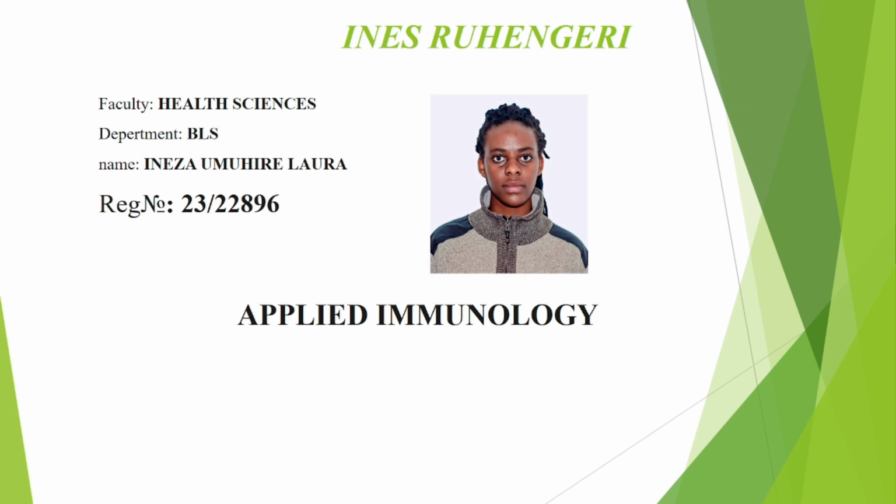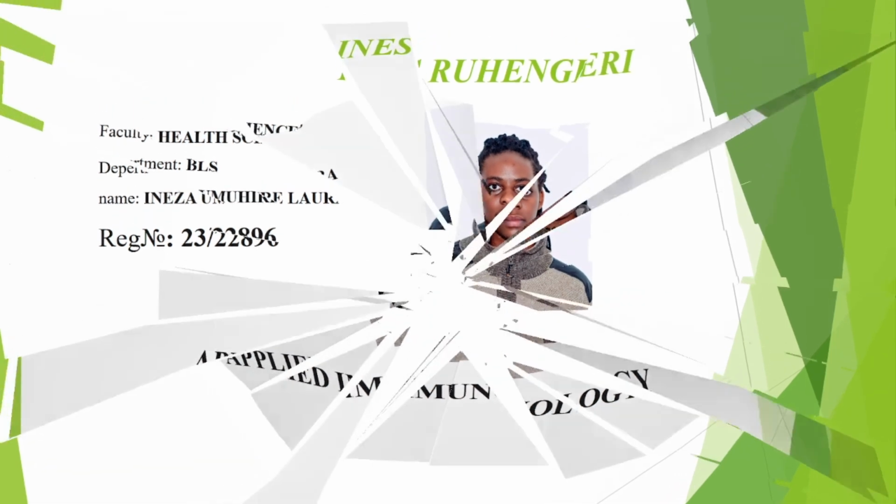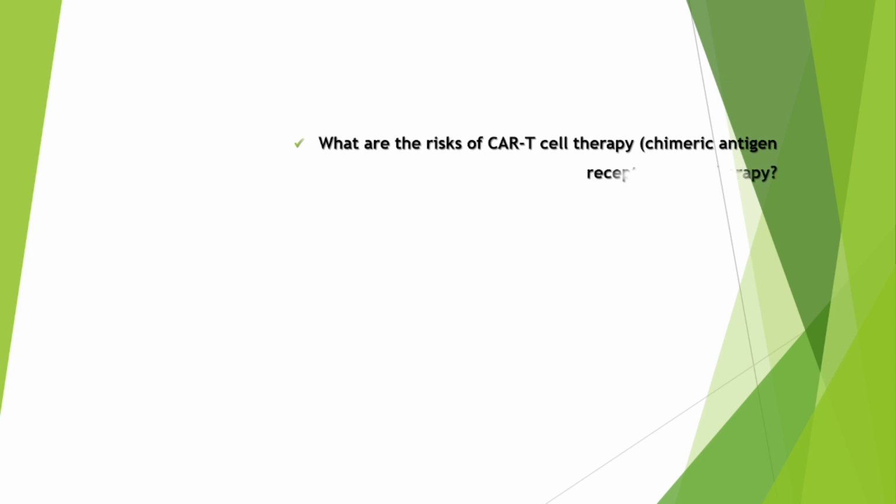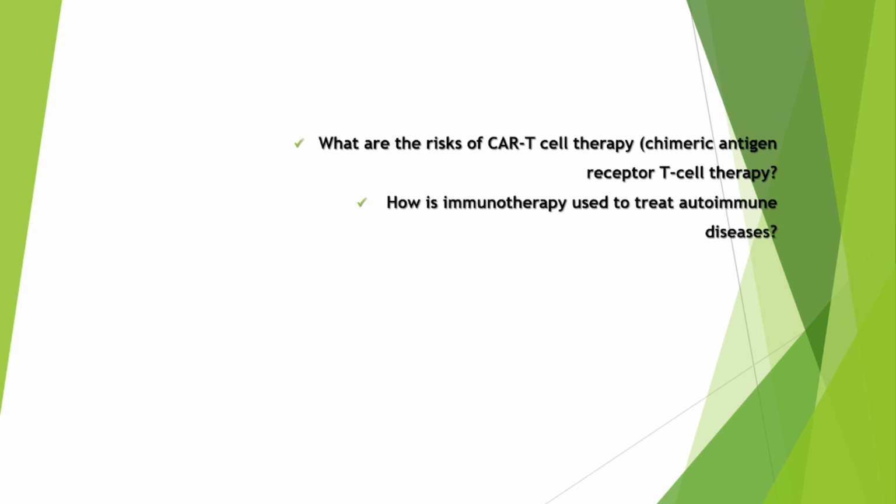Now the module is Applied Immunology. So the first question I'm going to present is, what are the risk factors of chimeric antigen receptor T-cell therapy? Second question is, how is immunotherapy used to treat autoimmune disease?